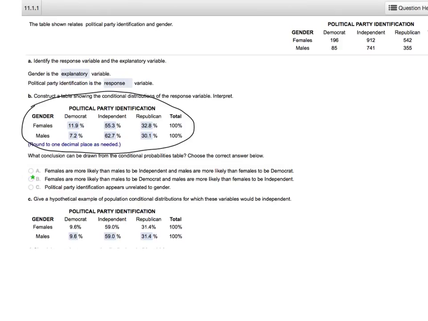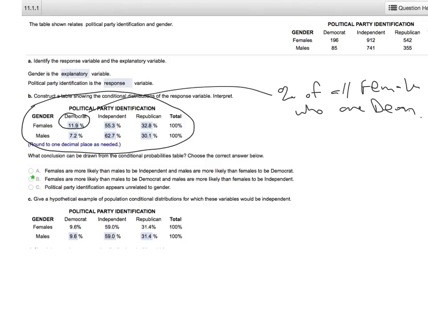That's coming from finding the percentage of all females who are Democrats. So that's what this number is right here.